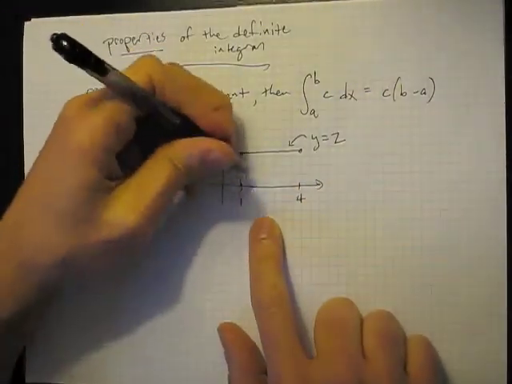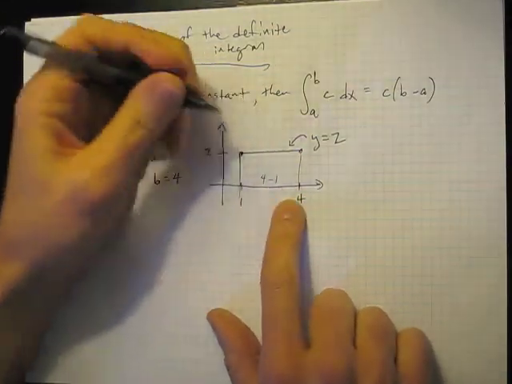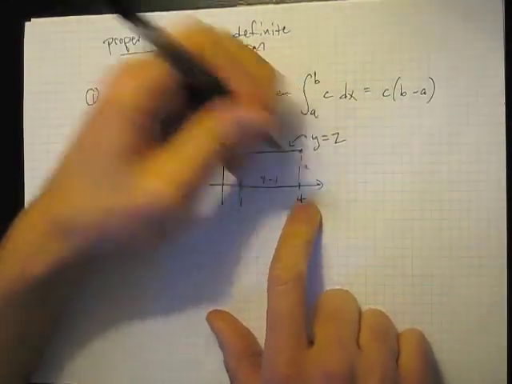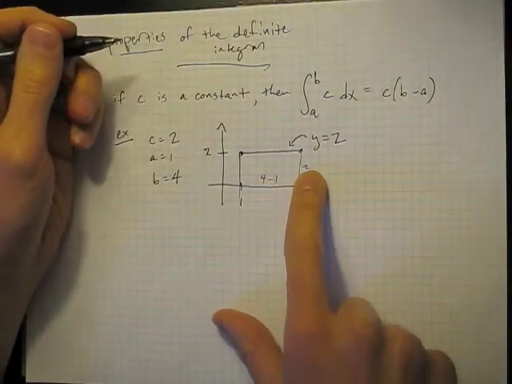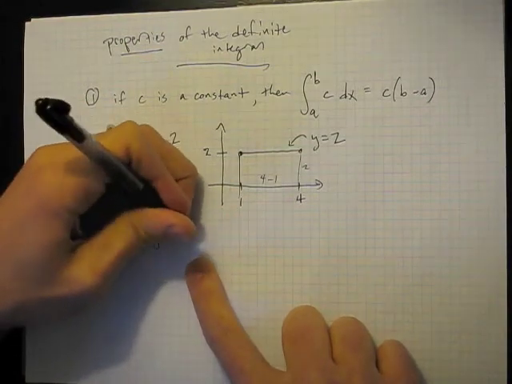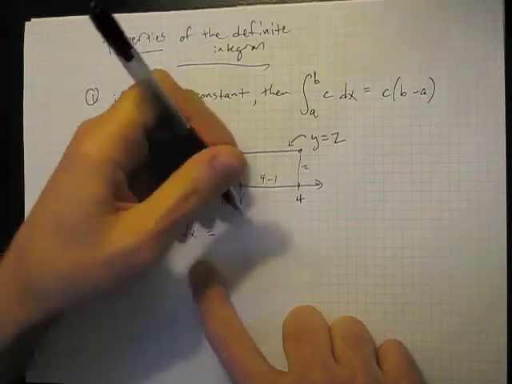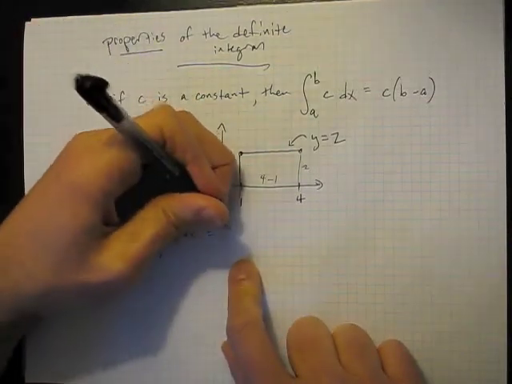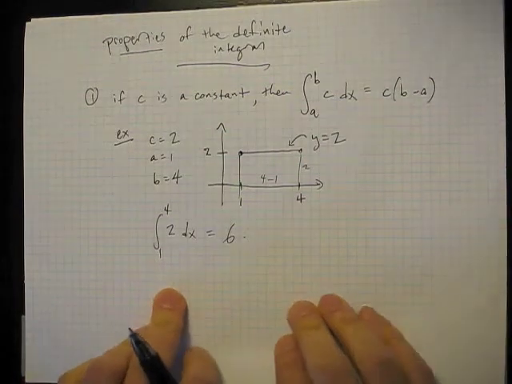Now how much area is under here? Well, it's just that length, which is 4 minus 1, times this height, which is 2. So we get 4 minus 1, which is 3, times 2 is 6. So that means the integral of 2 dx from 1 to 4 is equal to 6, which is c times b minus a. So that's property number 1.